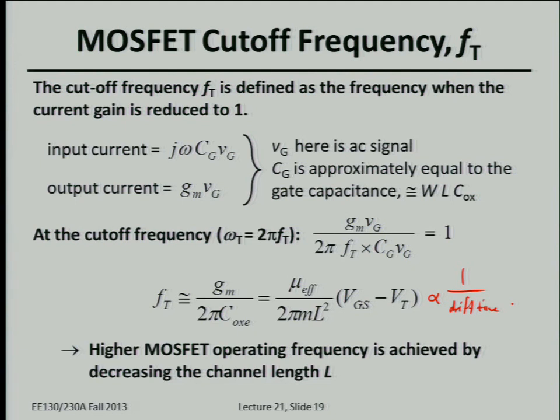So that's VGS minus VT over L, that's the lateral electric field. And then you have this L over here already, so you have L squared. So does that come out right?